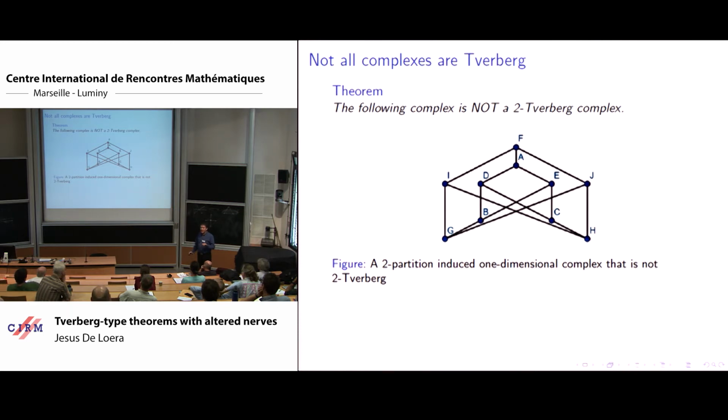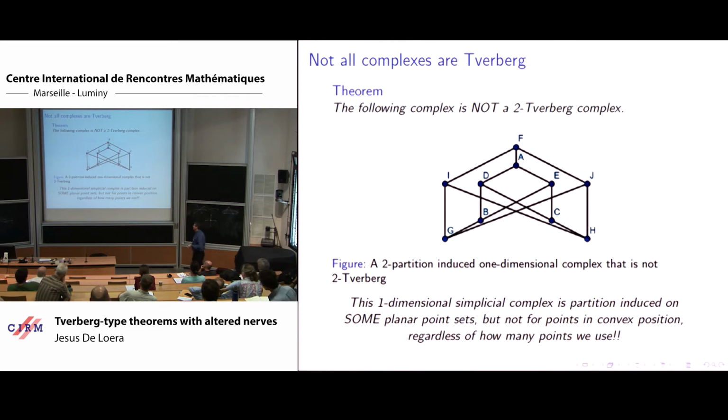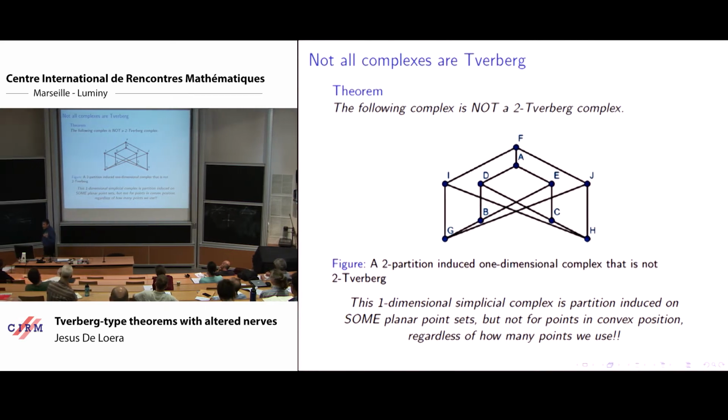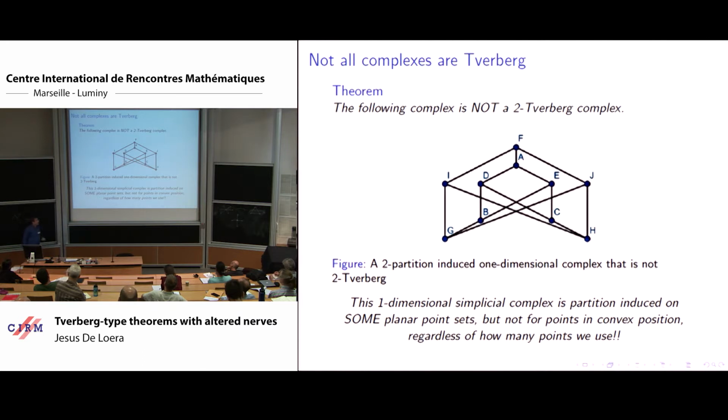Okay? In fact, I'm going to tell you more about this graph. No matter how large a set of points in convex position is, you will not be able to partition the points in convex position, with that particular oriented matroid situation, where all the points are vertices of the point configuration, to get this particular graph.